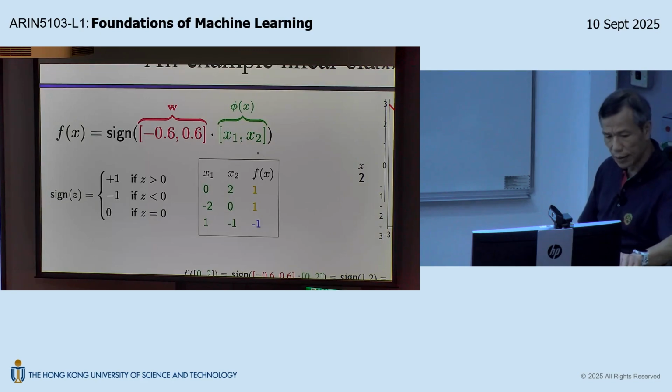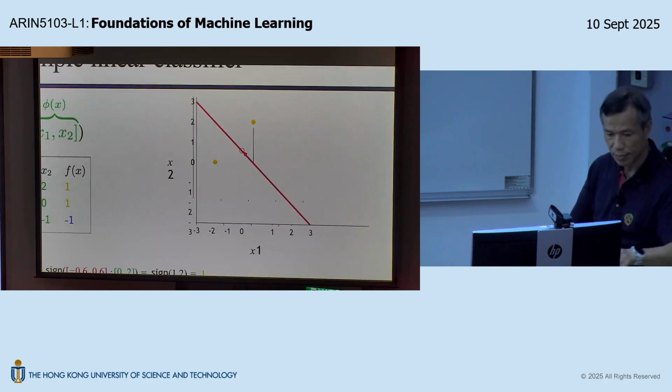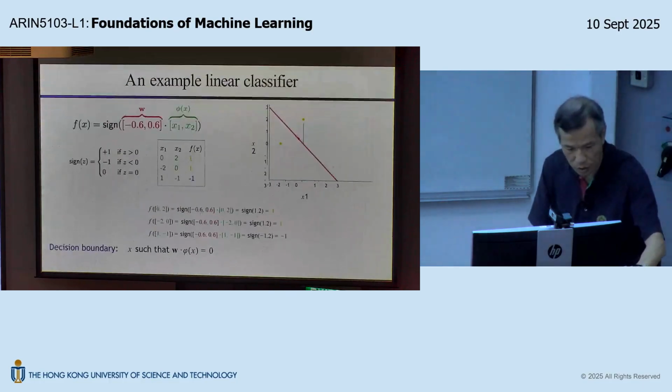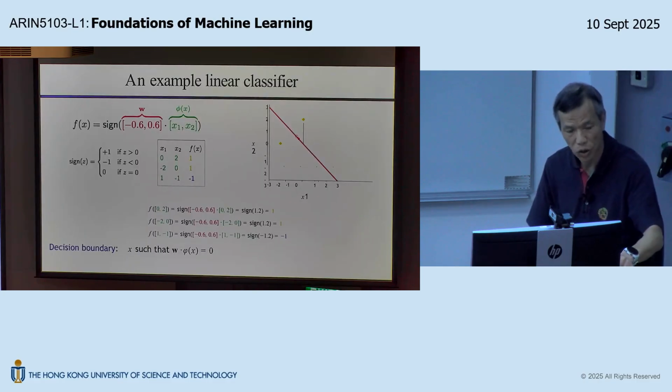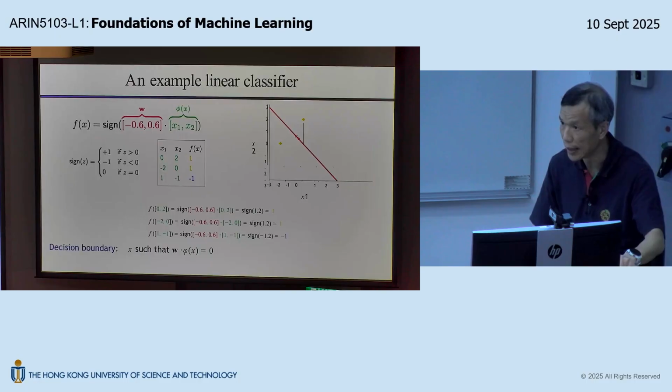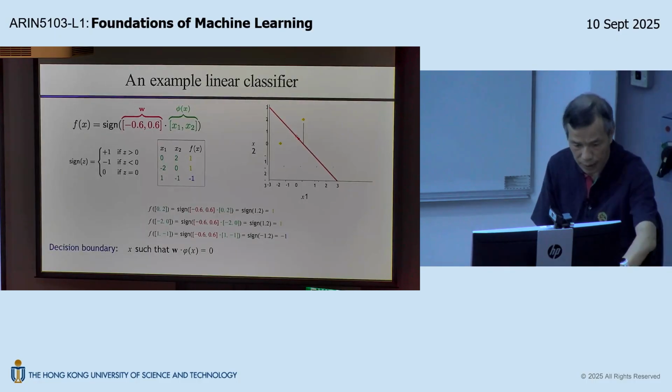You are given the training set, and if this is your current model parameter, then you get this boundary. Now you have this W. So I give you any x, you can just plug into this equation and then obtain the corresponding class labels, right?